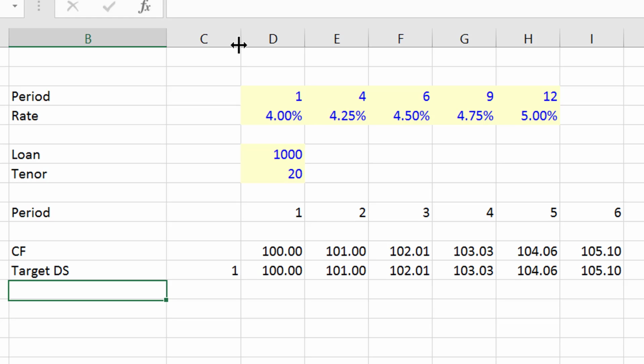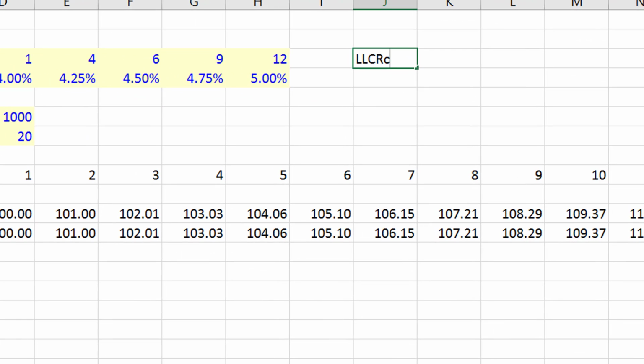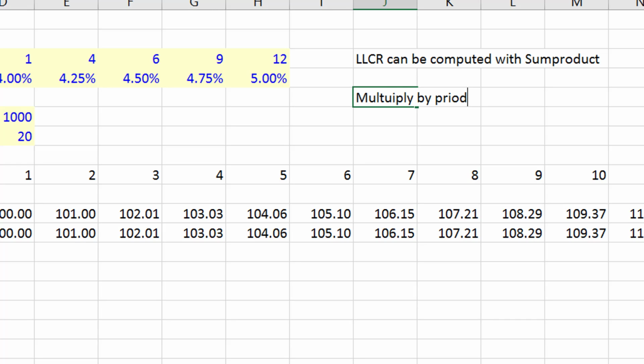I'm going to prove that the LLCR can be computed with sumproduct, and you have to multiply it by the prior value of the interest rate index.